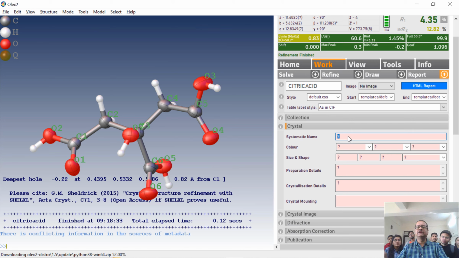That means here you should have the IUPAC name given. Color of the crystal is clear, light and colorless. If you remember, we used a loop of 0.2 millimeter, 0.2 millimeter, and the crystal was about 0.2, 0.25, 0.28 kind of a size, a block shaped crystal.